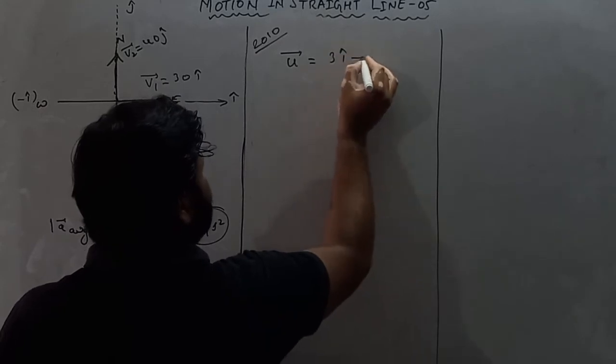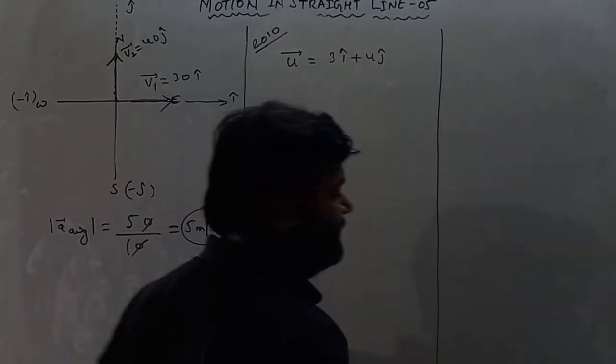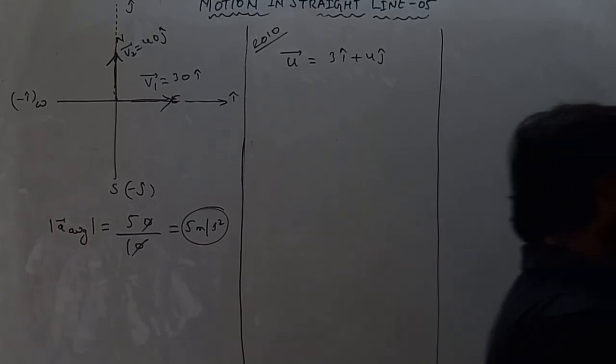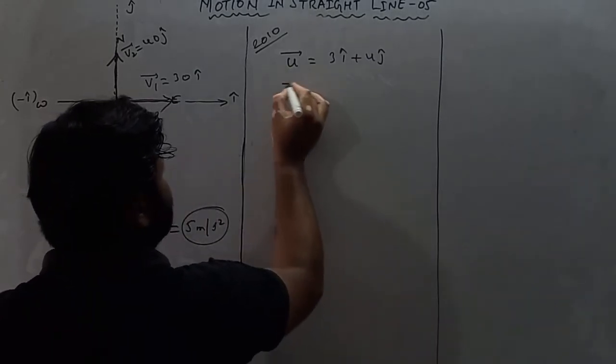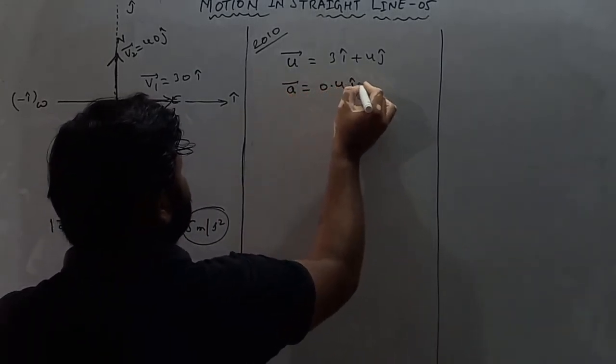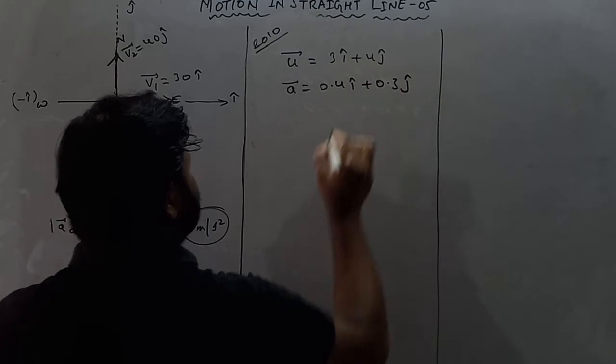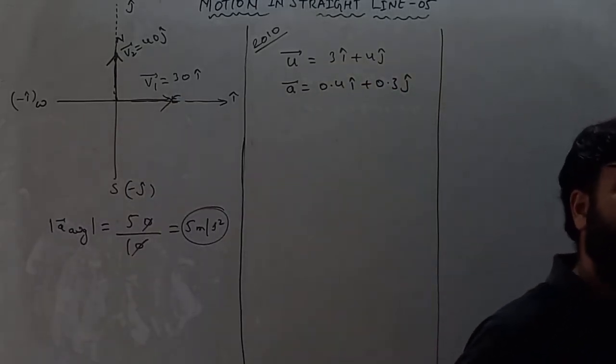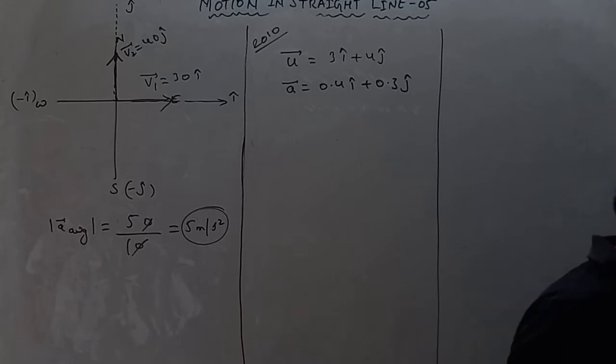It is 3 i cap plus 4 j cap, and it has acceleration. Acceleration is also given, my dear student. It is 0.4 i cap plus 0.3 j cap. They are saying to find its speed after 10 seconds.